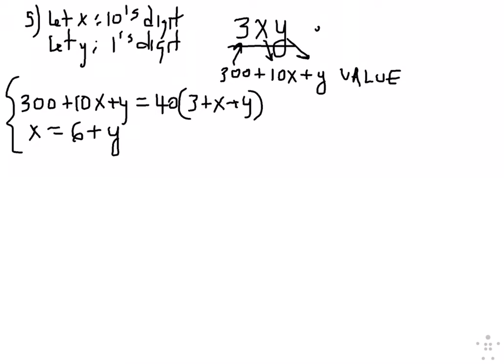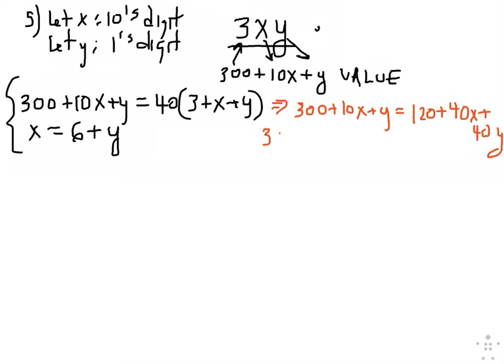So there's our two equations. As we always do, let's simplify this one first. So we have 300 plus 10x plus y equals, and I'll distribute in here, 120 plus 40x plus 40y, right? So I'll subtract 40x from both sides.